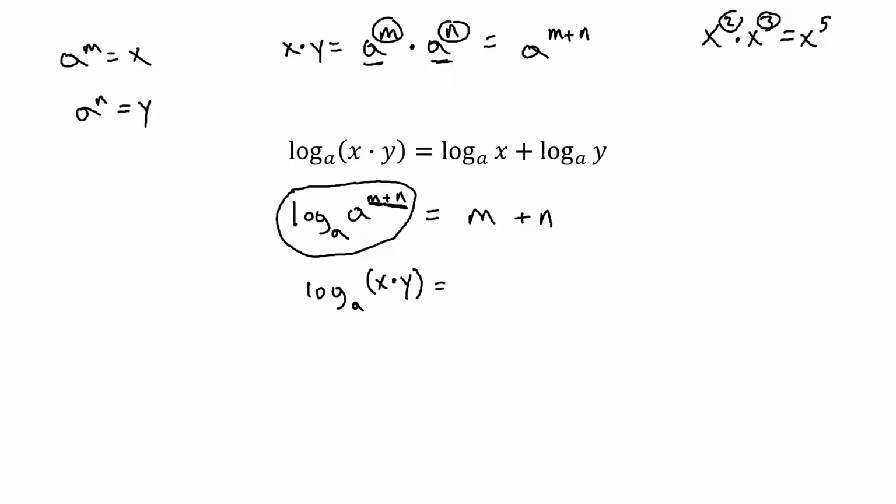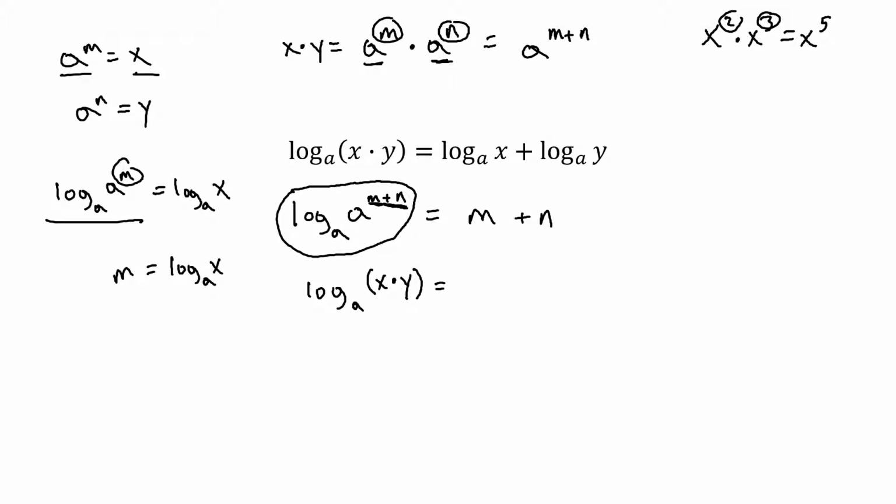What about the m and the n? Well, if we did log on both sides here, we'd have log base a of a to the m has to equal log base a of x. So here we're asking what's the power? Well, in this case, the power is just m. So m is equal to log base a of x.